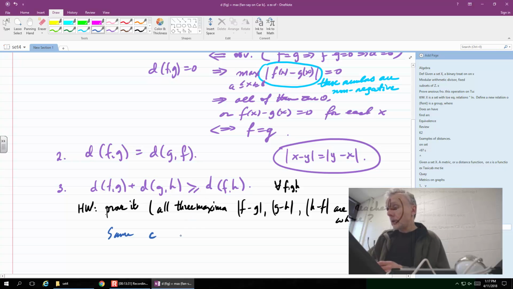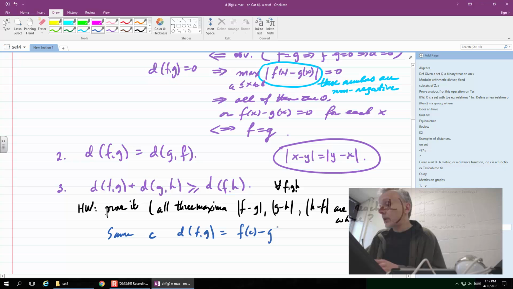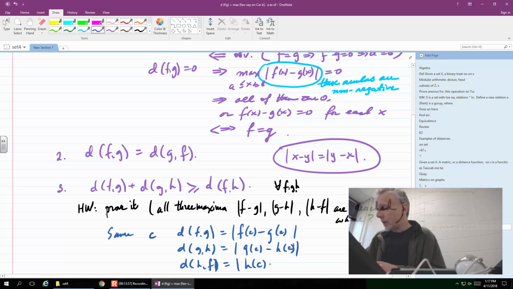So d(f, g) is equal to f(c) minus g(c). d(g, h) is equal to g(c) minus h(c), and finally d(h, f) is h(c) minus f(c).